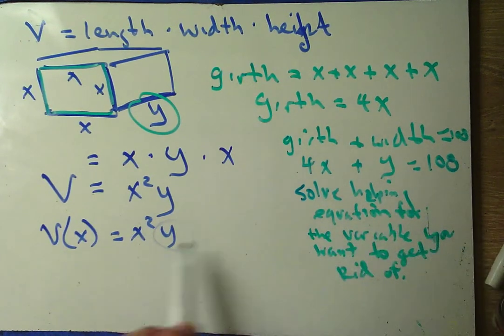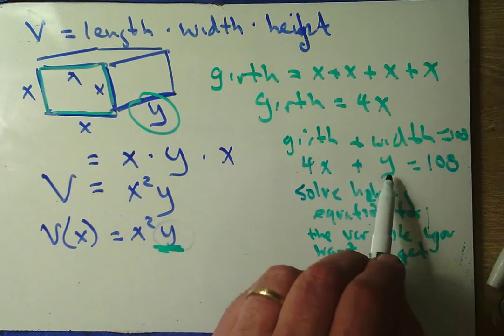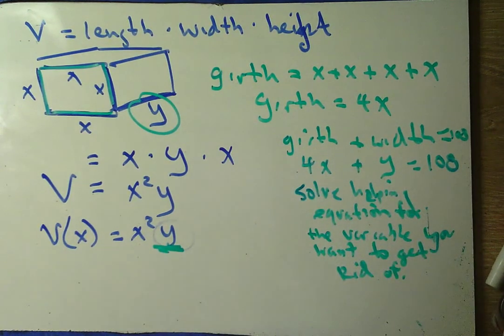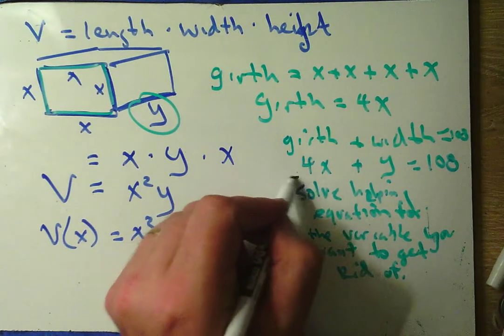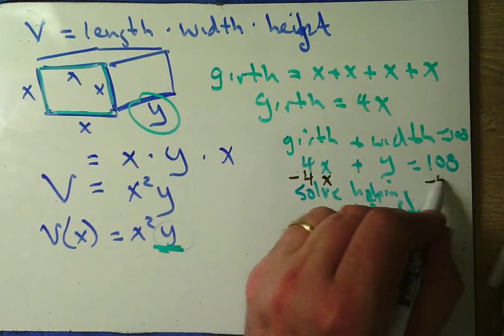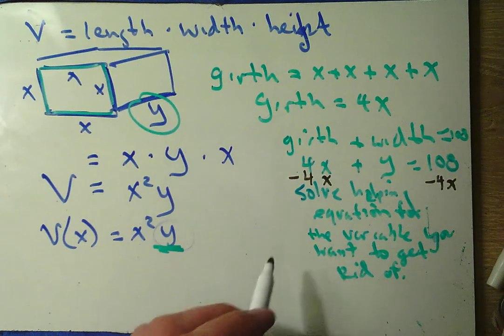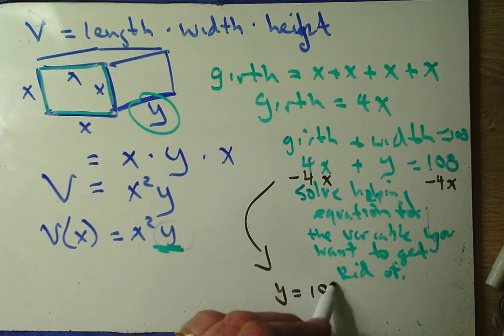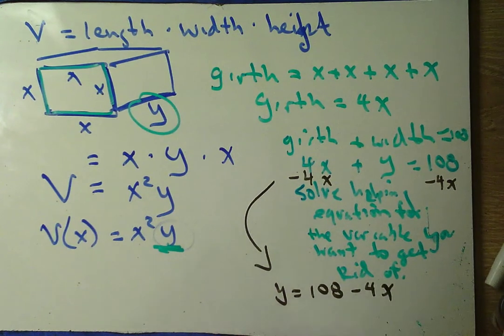I want to get rid of y over here, so I'm going to solve the helping equation for y. If I'm solving for y, that means y is by itself. I have to get rid of the 4x. So I'll subtract 4x from both sides and get that y equals 108 minus 4x.